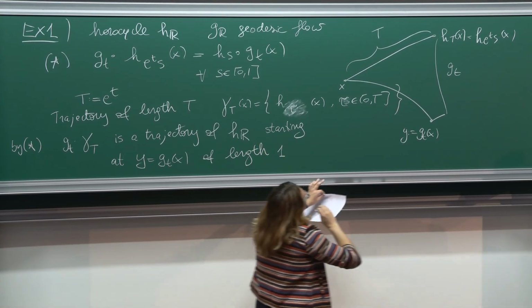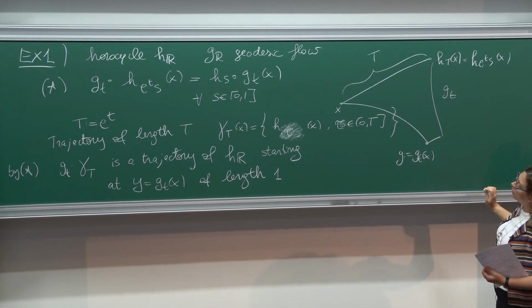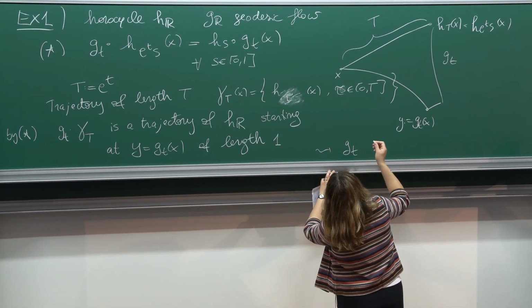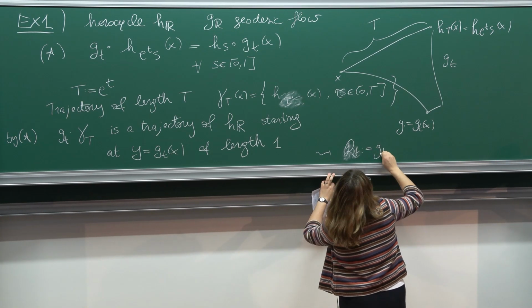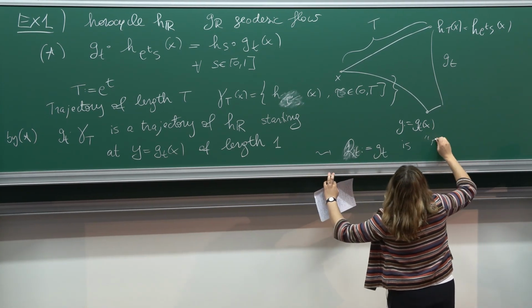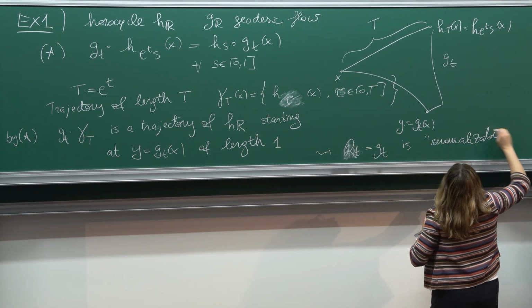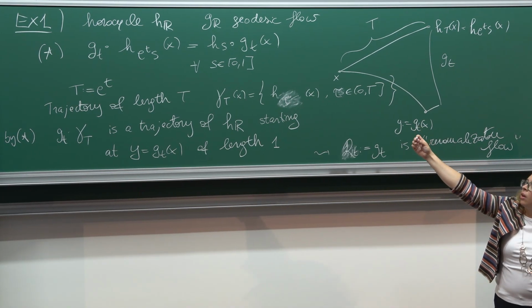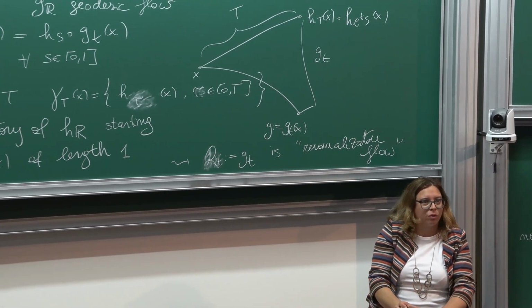OK, so this is an example where you can say that actually the geodesic flow g_t, if I set R_t to be g_t, this is what is a renormalization flow, in the sense that it takes the long trajectories for the flow that I want to study and shrinks them to trajectories of length 1.